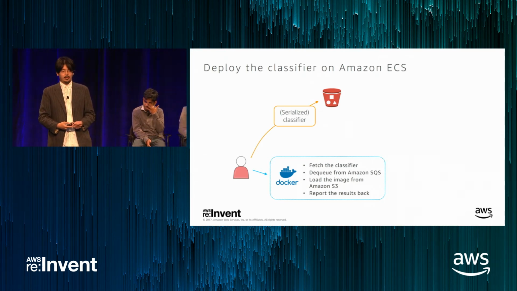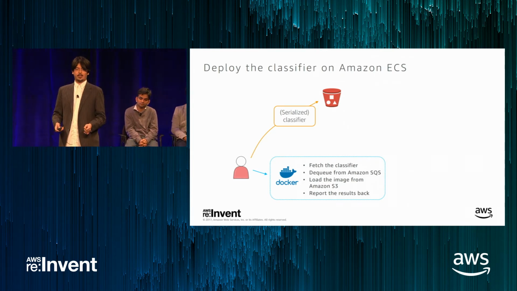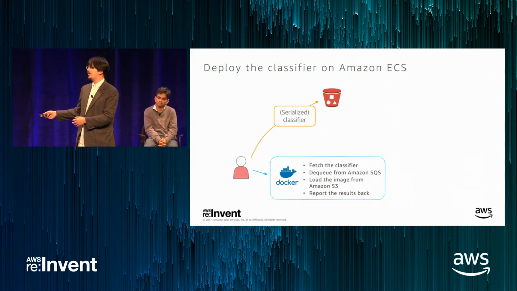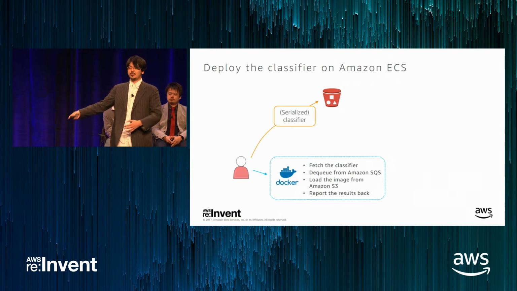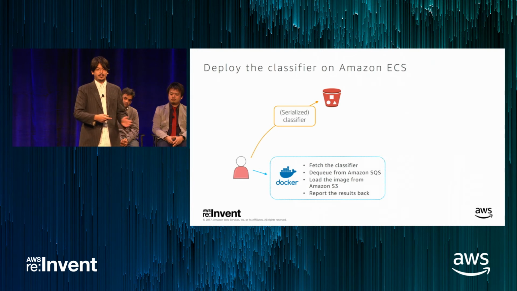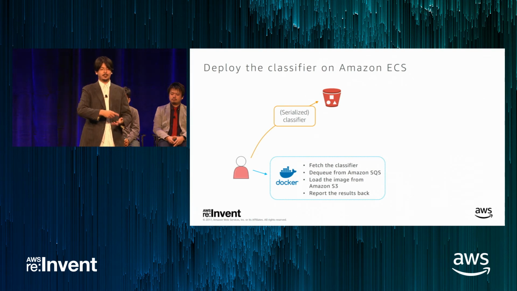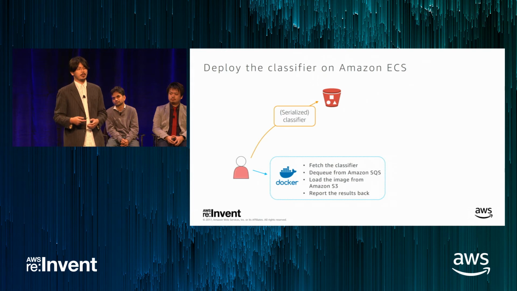As Asif explained, the classifier could be a large file, so it's better to store it in S3, which is scalable, durable, and capable of handling large files. Developers or researchers build their model, train it, and save it to S3. That's the first thing to do. And the developer also needs to implement the task itself.